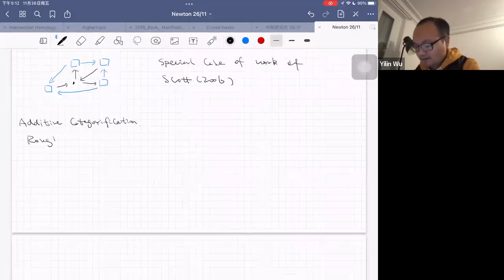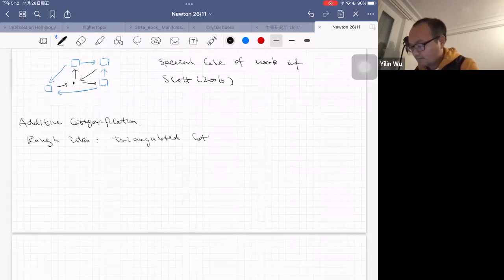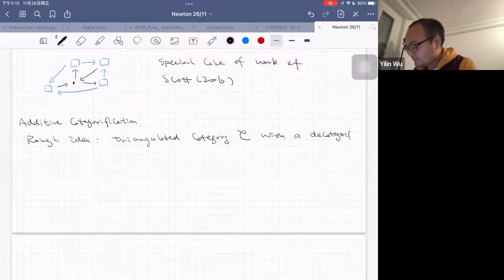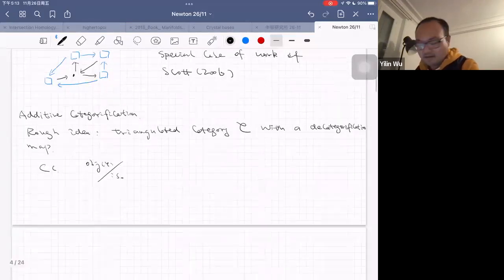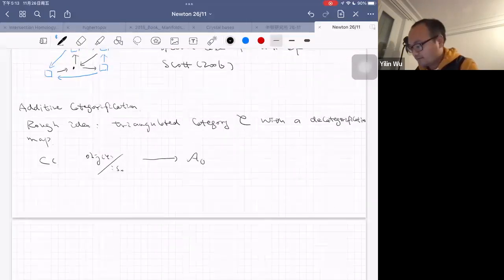The rough idea is we find a triangulated category C with a decategorification map, namely the cluster character, from the objects of C up to isomorphism to the cluster algebra.